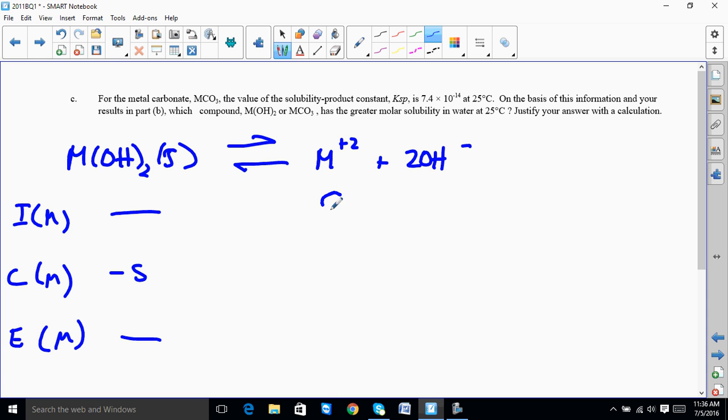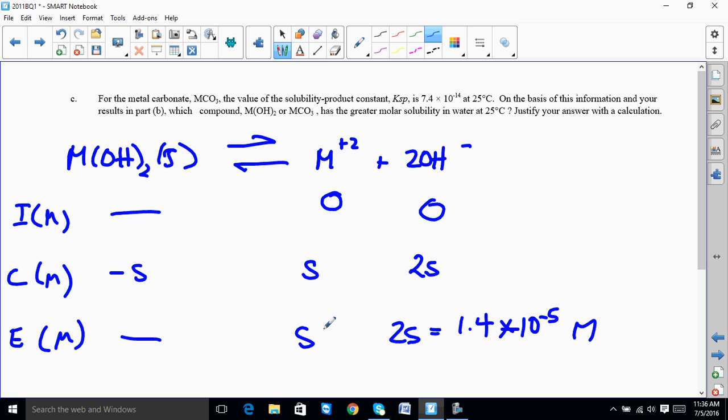So this is 0, this is 0, this is S, this is 2S. 0 plus S is S, and 0 plus 2S is 2S. But we actually know that 2S is 1.4 times 10 to the negative 5 molar. And if that's what 2S is, then S is 7.0 times 10 to the negative 6 molar.